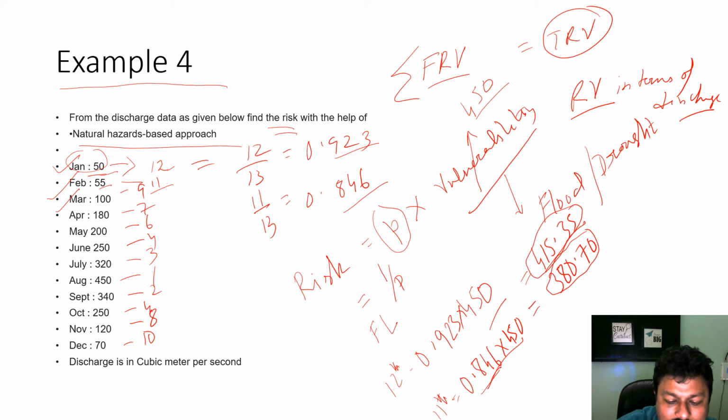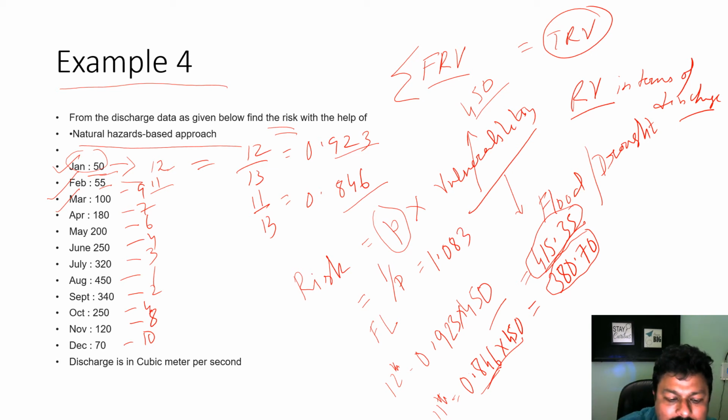Let us calculate. It will be 1 divided by 0.923. It is 1.083.